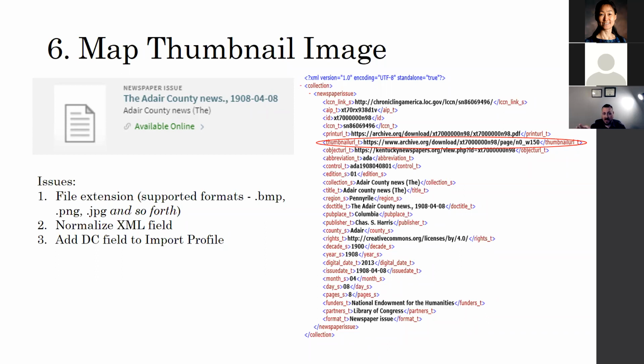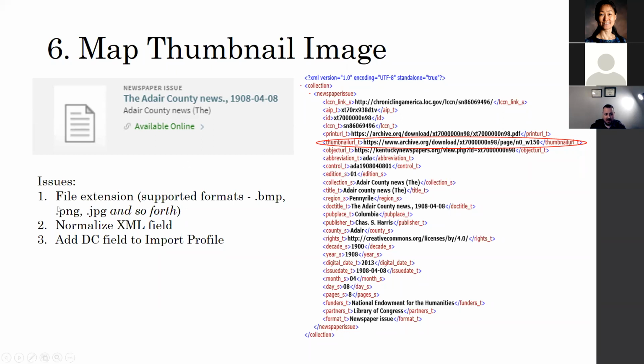Well, as it turns out, a GIF is not included in the "and so forth" category, and GIF is what was used from the KDNP site for the thumbnail image. So I talked to our digital library architect about converting that to a JPEG, which he did. So then we were able to get the file extension situation sorted out at that point.